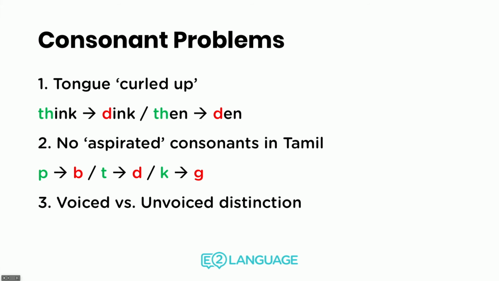Another problem is that in Tamil and other Dravidian languages, there's no distinction between voiced and unvoiced. So the difference between b and p, for example, is, well, one, p is aspirated, but b is voiced, okay? It comes from the throat. If you put your hand here, b, b, b, versus p, p, p, one of them is making a sound at the throat level.